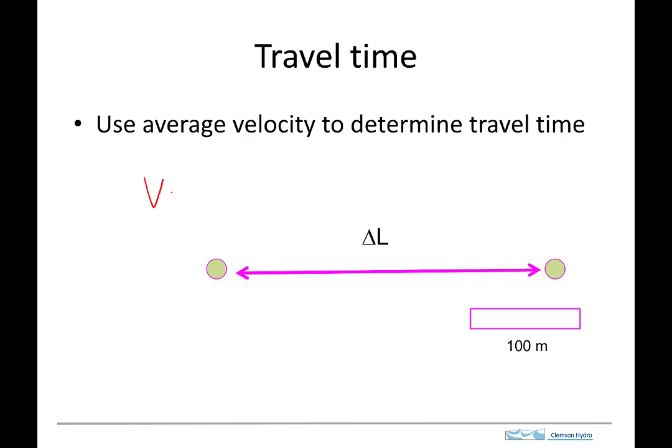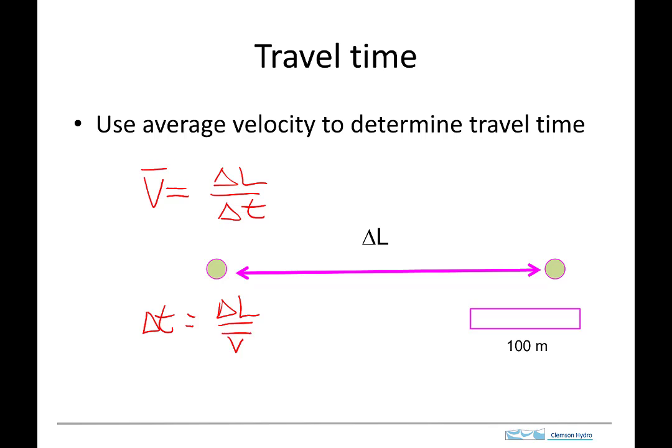So the average velocity equals the distance divided by the time that it takes to travel a unit of distance. So the travel time, delta L, is just the distance divided by the average velocity. Let's call that V bar.